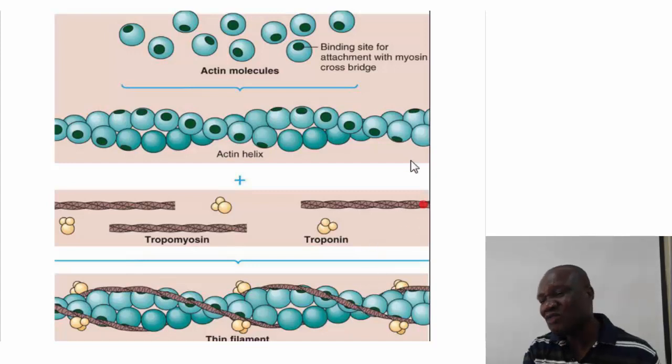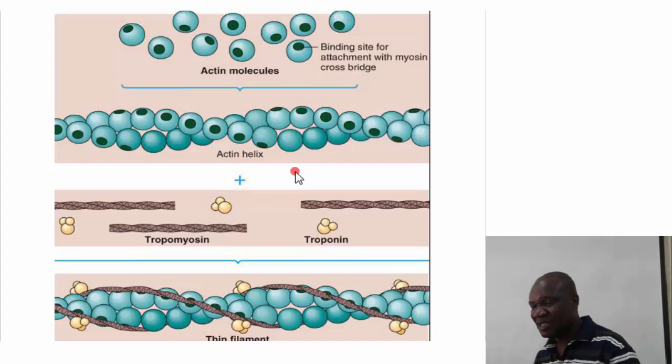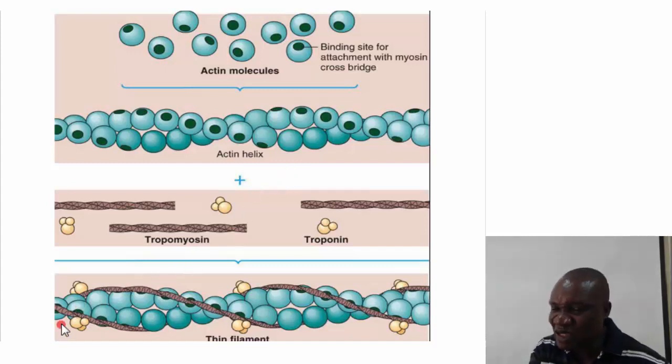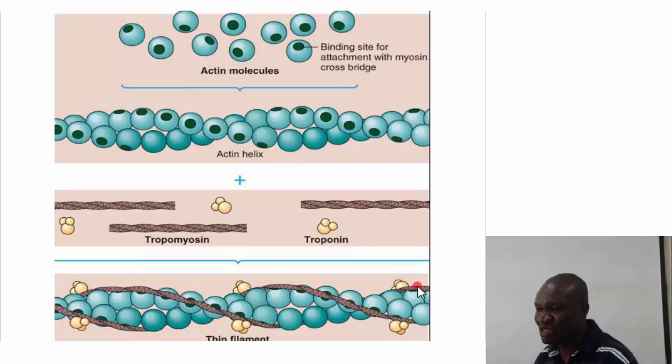The actin filament has a binding site for the attachment of myosin, and on myosin's head, there's an actin binding site. So the tropomyosin chain will cover the myosin binding site of the actin filament.